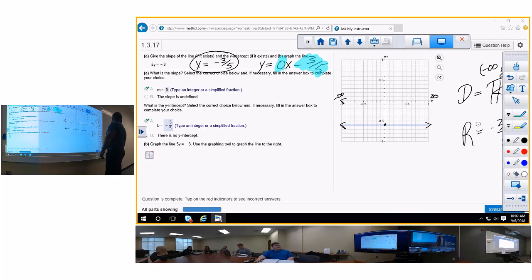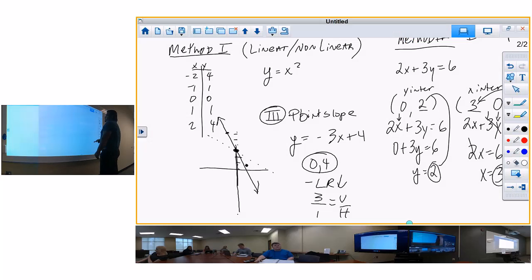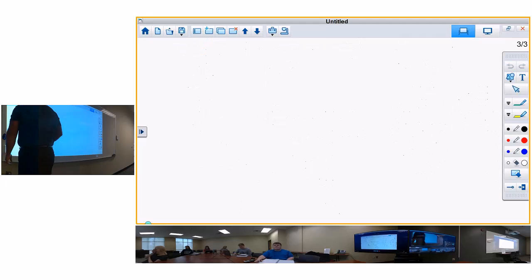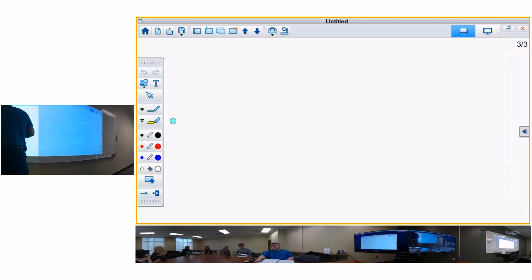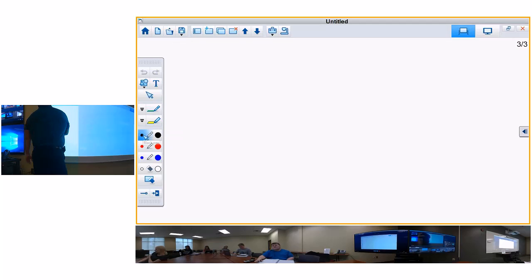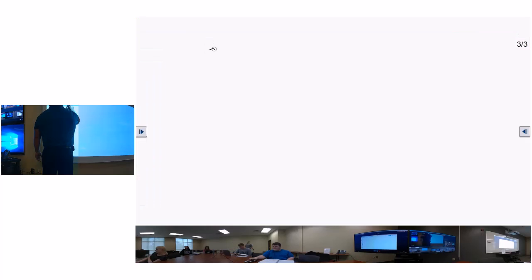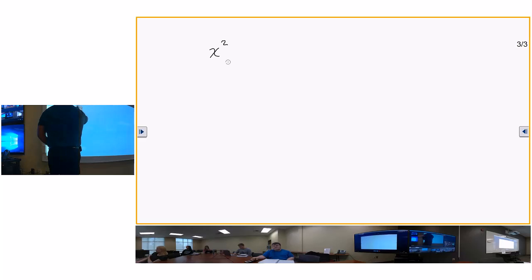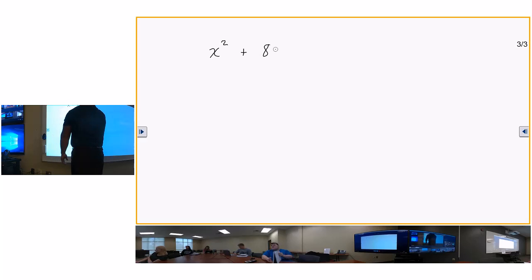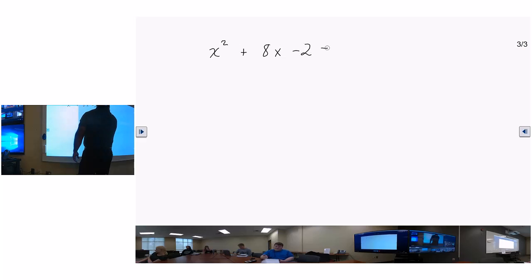I think I showed y'all one. Let's go over it, and let's do one as a review. Okay? So I'm going to give you the same type problem, except we're going to do a review. And then we'll move up. X squared plus 8x minus 2 is equal to 0.